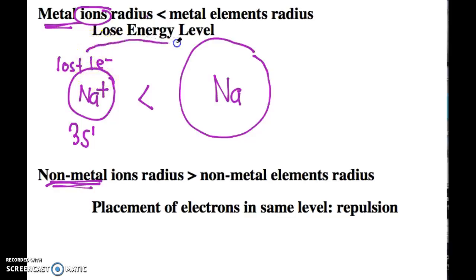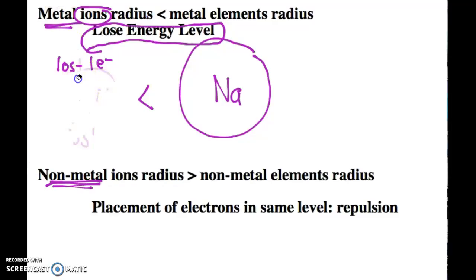And because we lost an energy level, that explains why the size of the Na plus is so much smaller than the Na. Again, we went from energy level 3 down to energy level 2 when we lost that one electron. And remember that sodium, by losing that one electron, now has an ending configuration of 2p6, just like a noble gas, which is what they wanted.